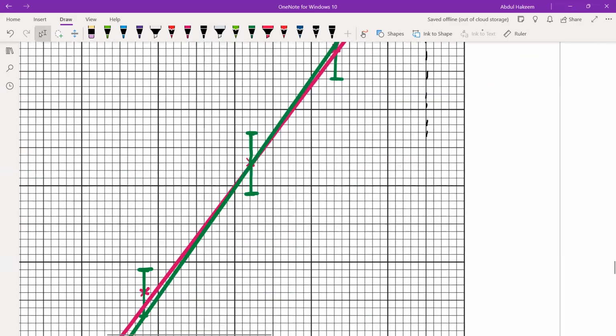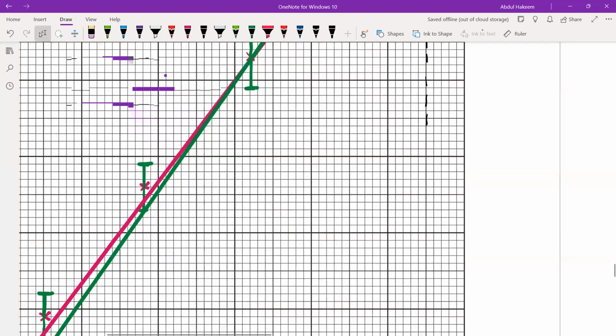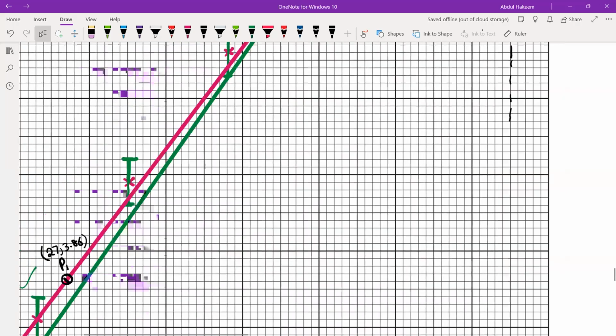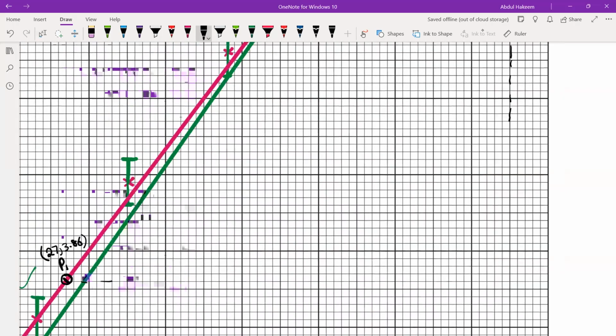You have to use pencil for the graph. So in the examination, you have to show these lines for the working.